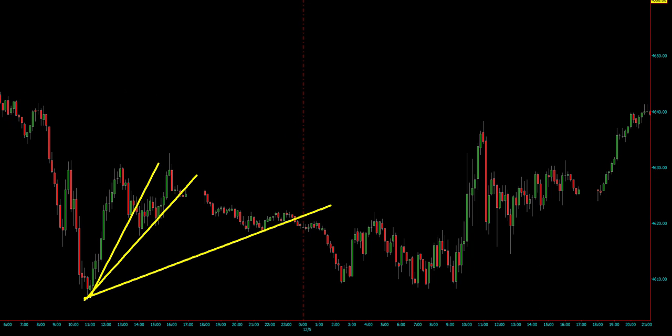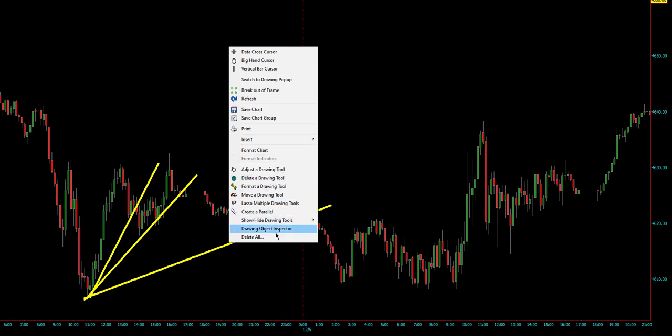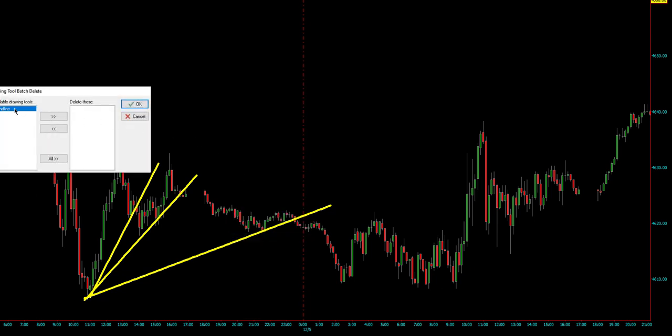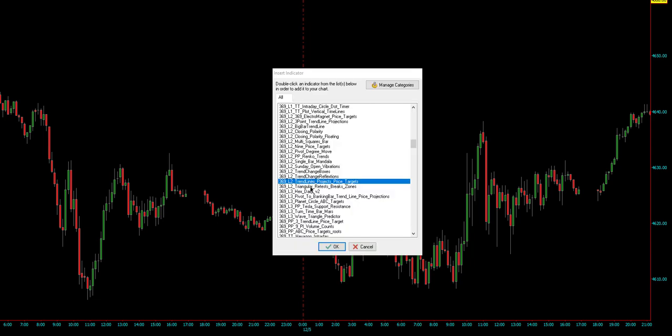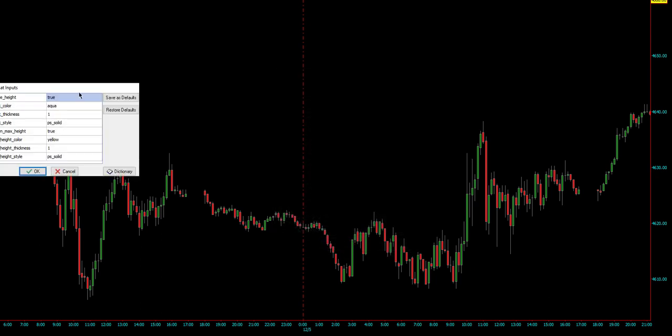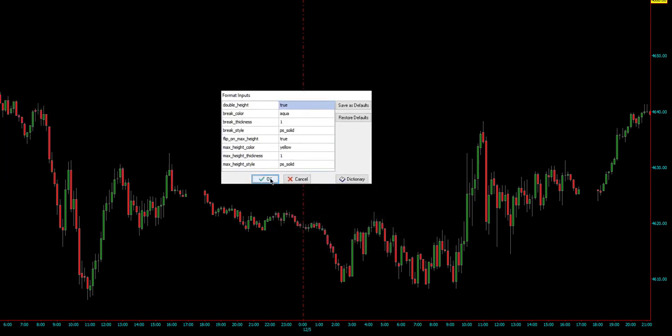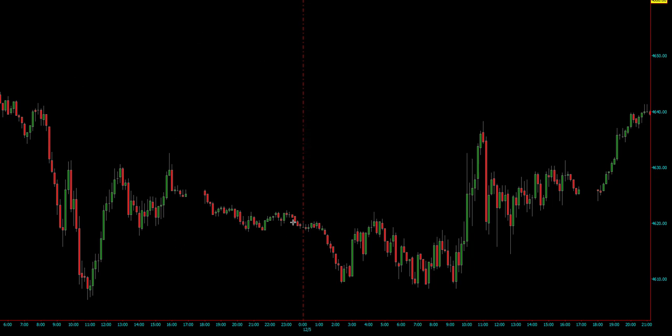So let's try using this tool now. The tool is called TrendLine Projects Price Targets. Once you use this tool, there's nothing to add here. Now the tool is activated.